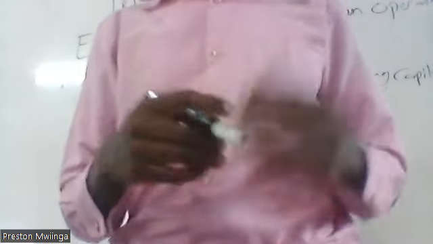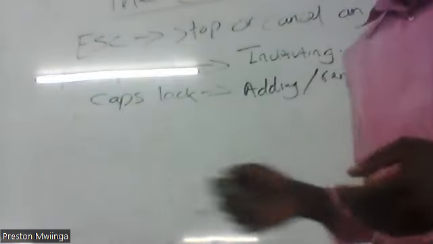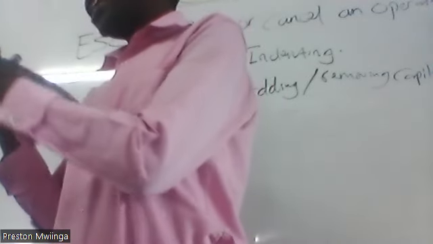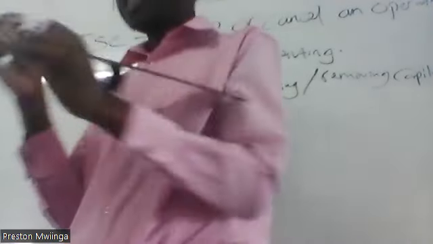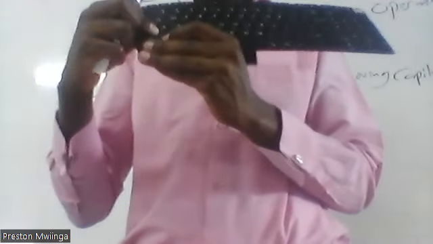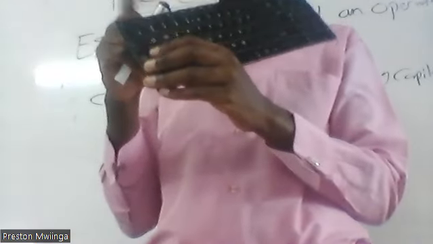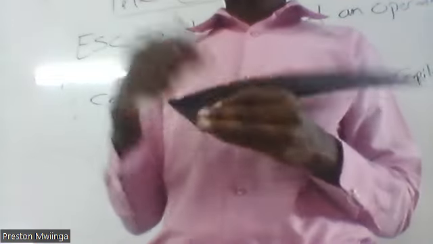Okay? So you can actually type in capital letters or small letters by using the caps lock. Meaning, when caps is on, there's usually a small light just beside the caps lock. It will be on, green or orange.